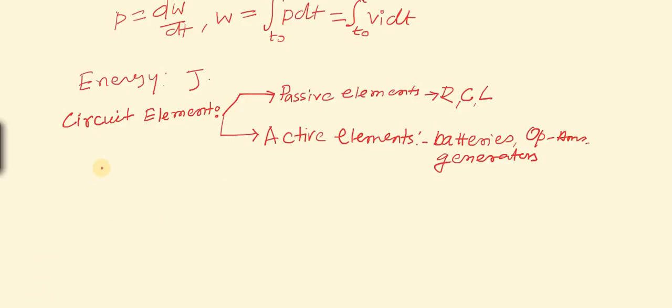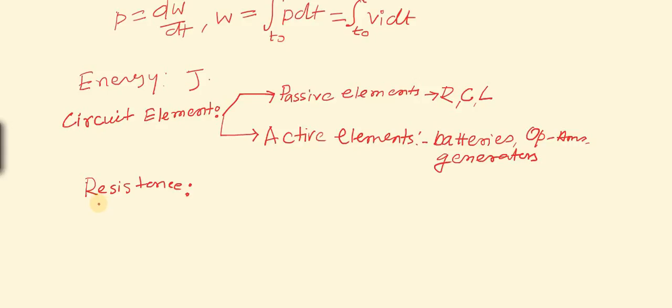Now we will discuss first the passive elements, and the basic passive elements are resistor, capacitor and inductor. So we will discuss resistance first. We already know the definition of resistance.